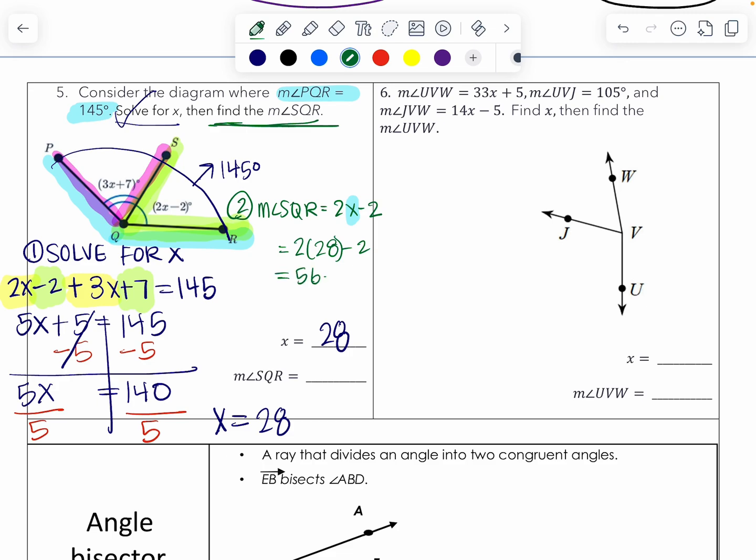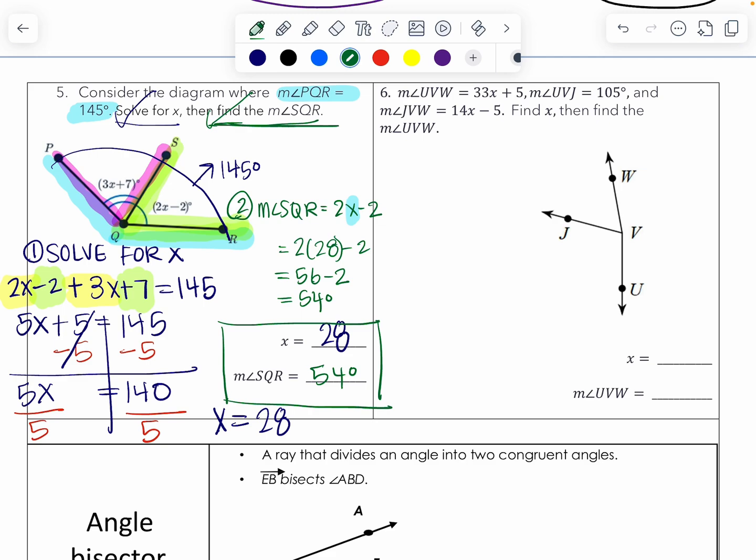So we'd have 56 minus 2. So the measure of that angle would be 54 degrees. So we solved for x, and then we found the measure of angle SQR by substituting x into that expression. All right, let's try it again.